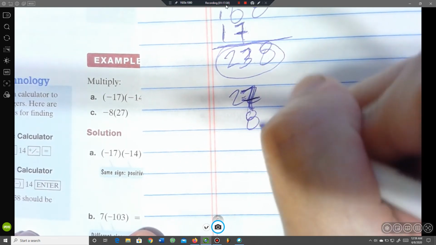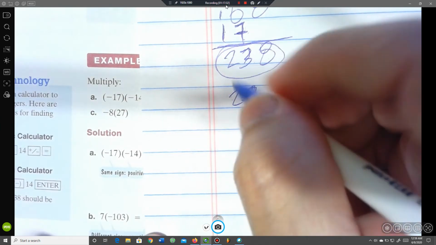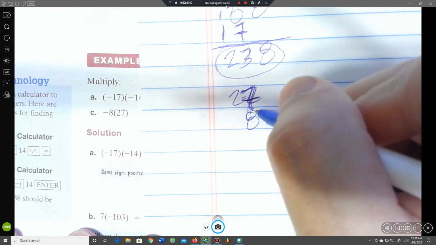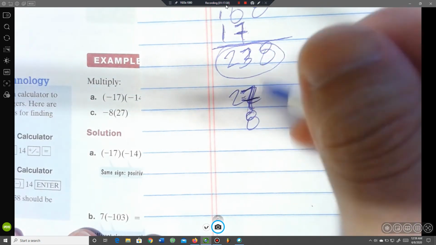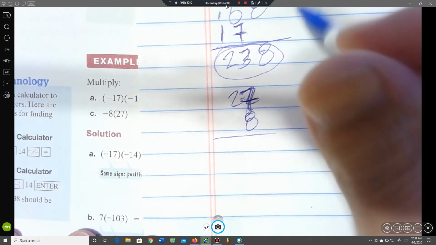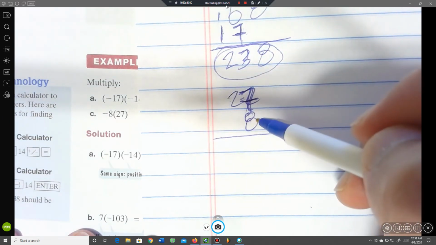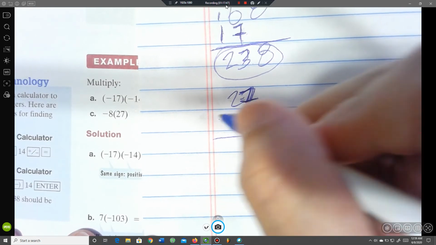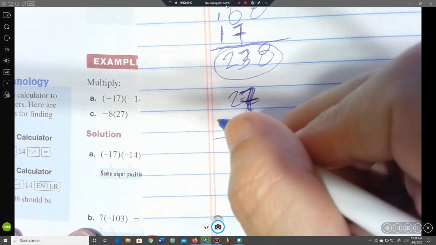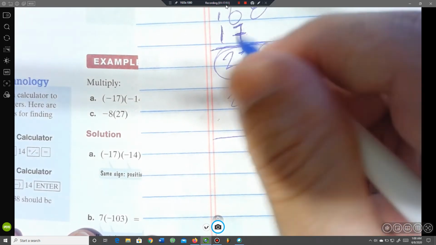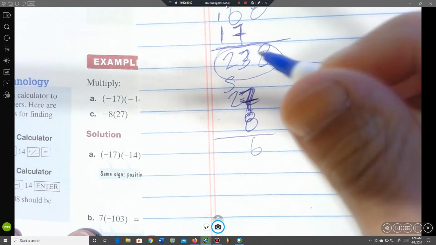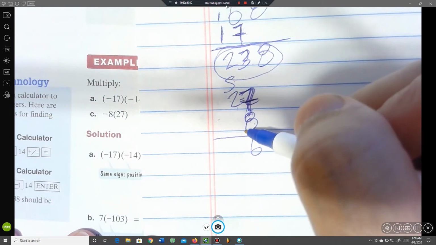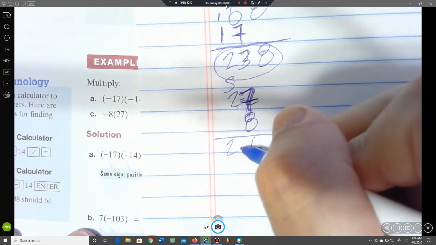Whenever you get your answer, go back to your signs and see if you need to make any changes. So I have multiplication. It doesn't make a difference if you put your 8 here or here, because 8 times 7 is 56. 8 times 2 is 16 plus 5 is 21.